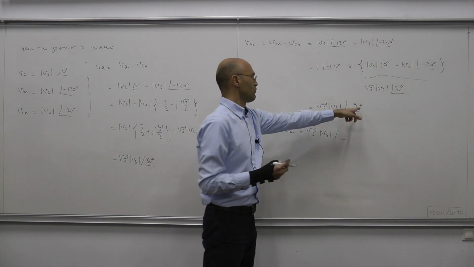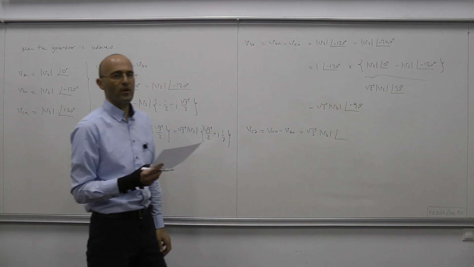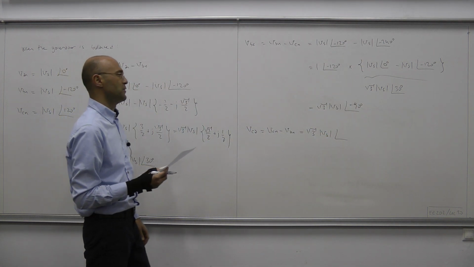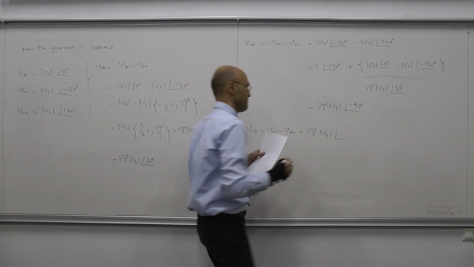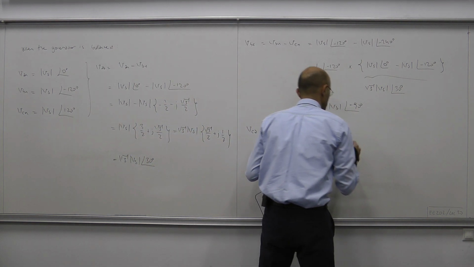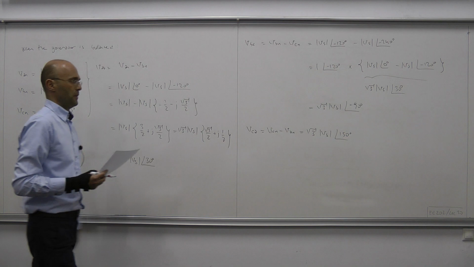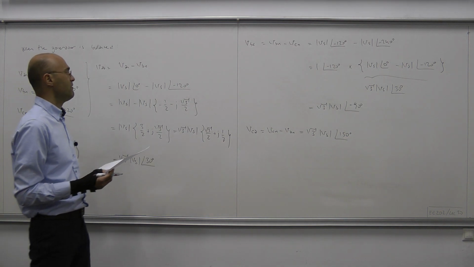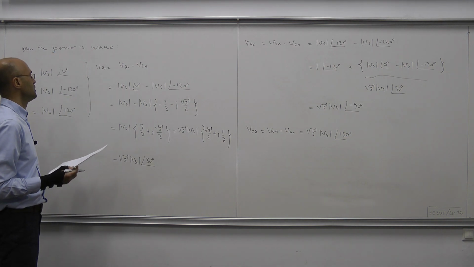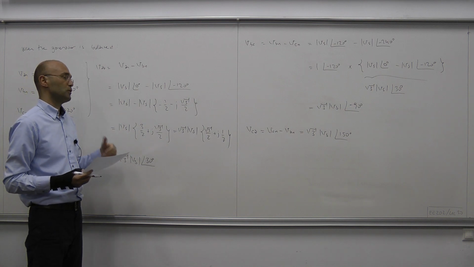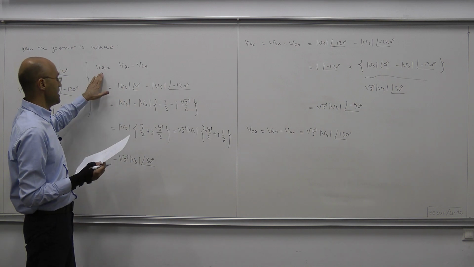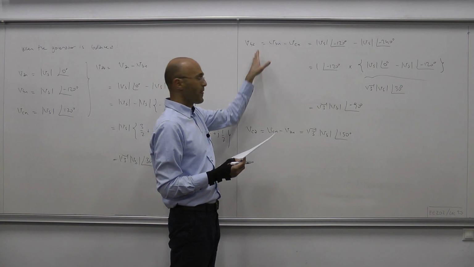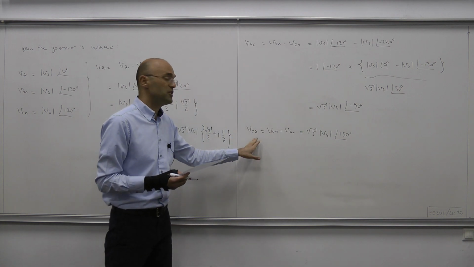And from this you subtract 120, so that makes minus 210, which is the same as plus 150 degrees. So we have obtained our triple of line-to-line voltages, or simply line voltages. We have VAB, we have VBC, and we have VCA.